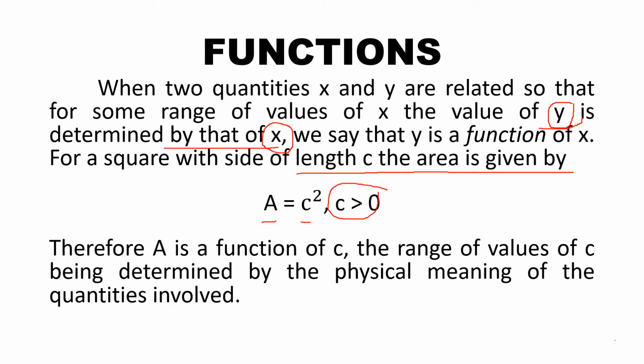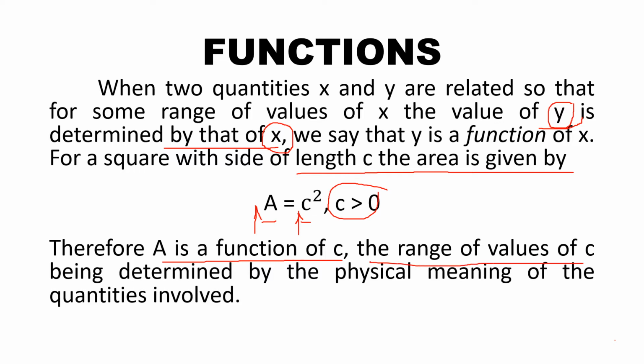So the length of any closed figure should be a positive number greater than 0. That's why if c increases, your area also increases. Therefore, A is a function of c.